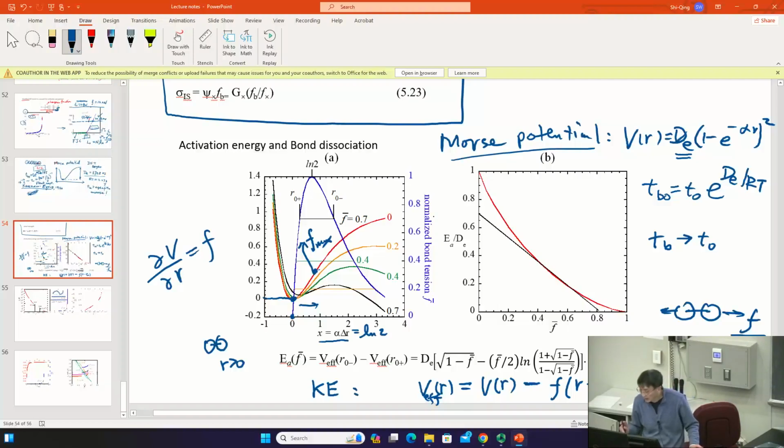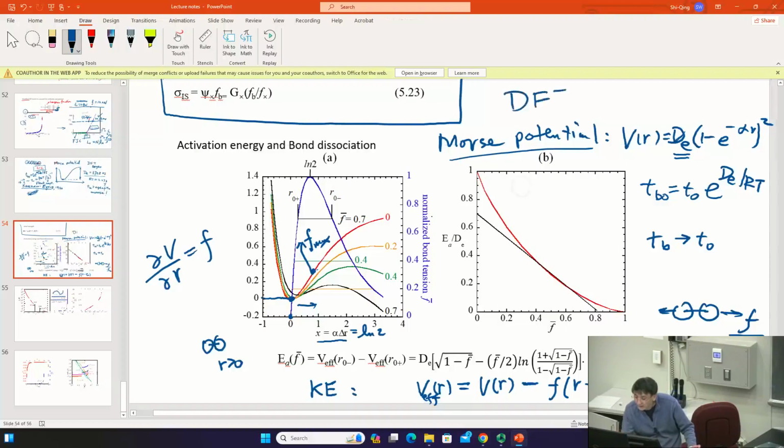According to density functional theory of Beyer, this force for carbon-carbon bonds is 6.9 nanonewton. So if you are able to provide that much force, it will break.